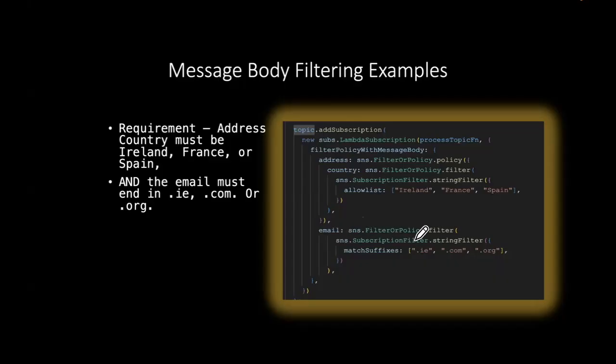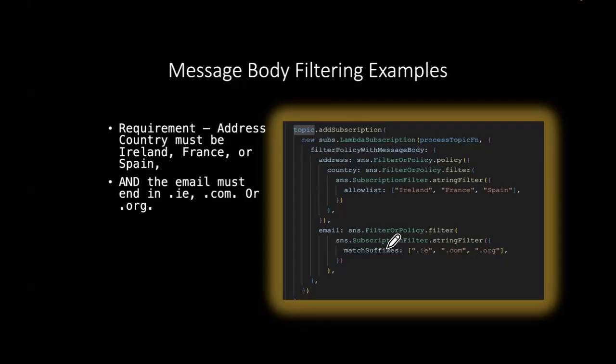And again, it's a string filter, but in this case, we're using the match suffix. You might remember there are a number of condition tests available to us when it's a string filter. There's the allow list, the deny list, the match prefix, the match suffix.